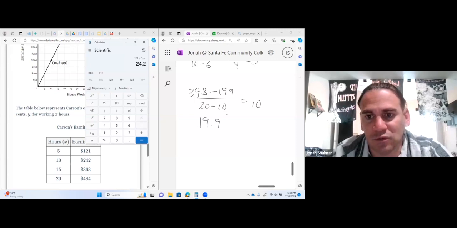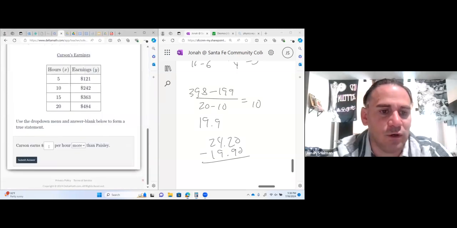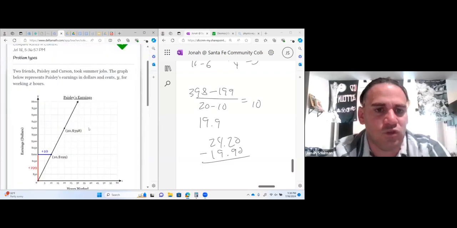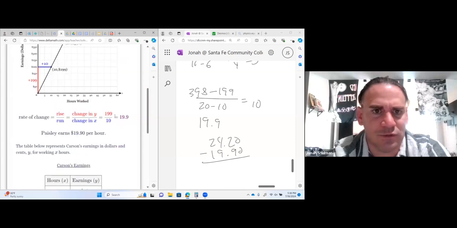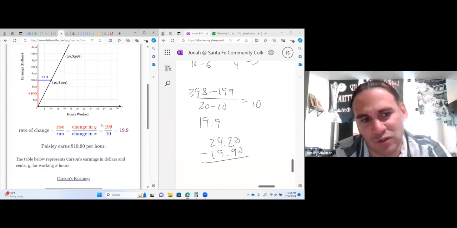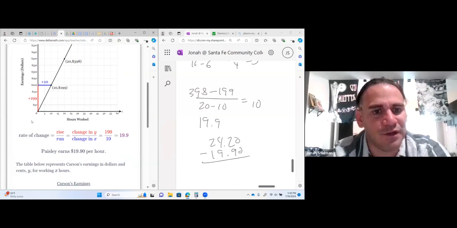Our boy Carson's making $24.20 minus $19.90, and it's $4.30 more. Good question. Sweet. So we found his, $24.20. We found hers, $19.90. Oh, we could have just done it with 0, 0 and just divided by 10. That would have made so much more sense. Much faster way. I did it from here to here. They did it from there to there.